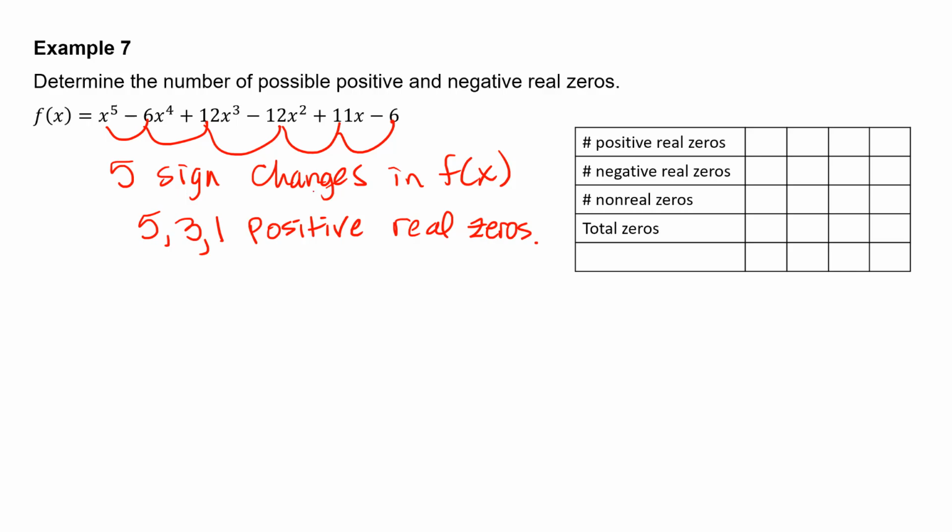Okay, so we've checked on the number of sign changes in f of x. Now we need to check on the number of sign changes in f of negative x. So I'm going to put in negative x everywhere I see an x in this function and see what I get. Well, if I put in negative x, I will get negative x to the fifth minus 6x to the fourth minus 12x cubed minus 12x squared minus 11x minus 6.